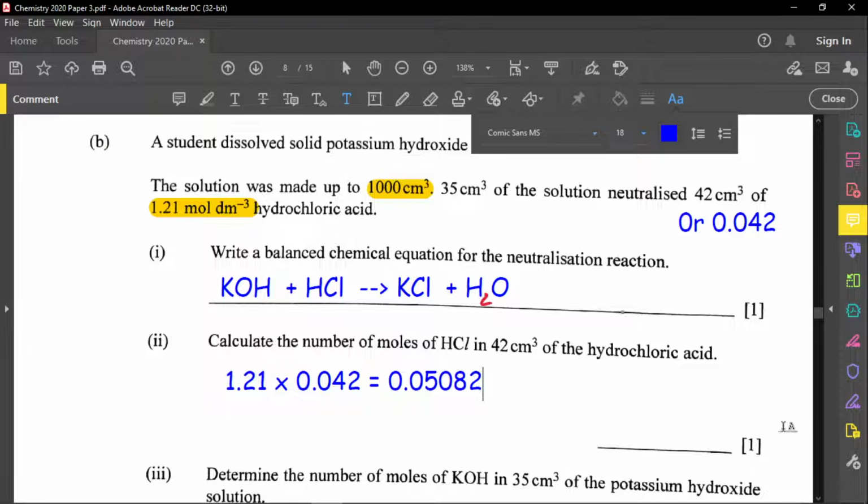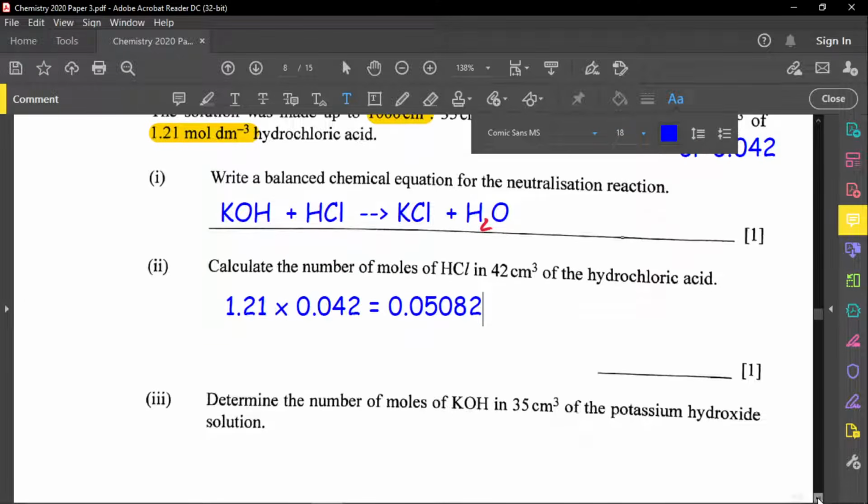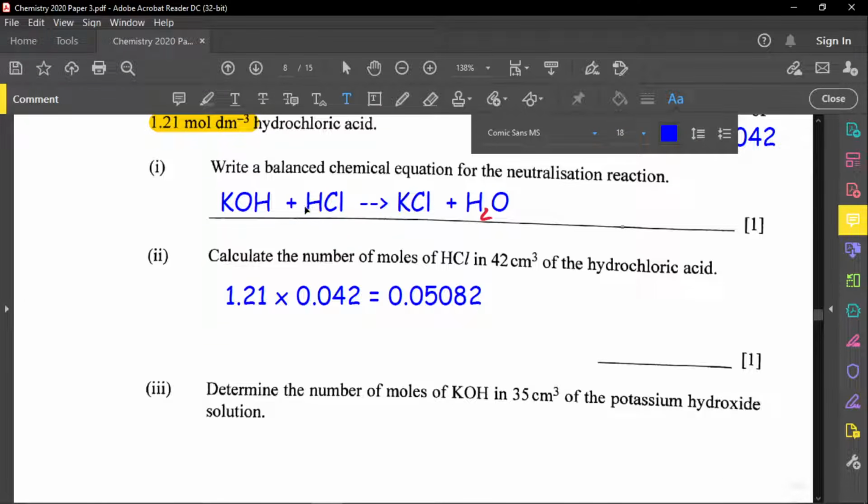But now we want to find the number of moles of potassium hydroxide. You have to use the molar ratio of the equation. The ratio in terms of quantity is a 1-to-1 ratio. Since 1 mole of potassium hydroxide reacts with 1 mole of hydrochloric acid, it means they are the same mole. Point to note, this is a 1 mark question.